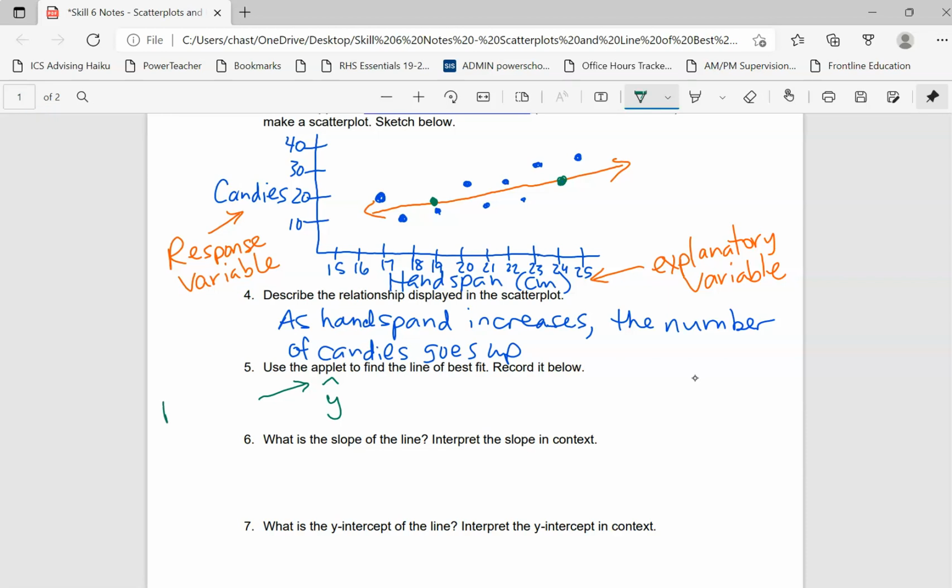We're calling that the predicted y, because it's not the actual y value, but it's predicted from our line of best fit. For my line here, I'm just going to use what they had here. So if this were to continue going, we would have a y-intercept of -45 plus 3.5x.